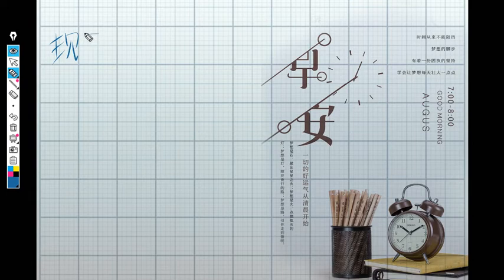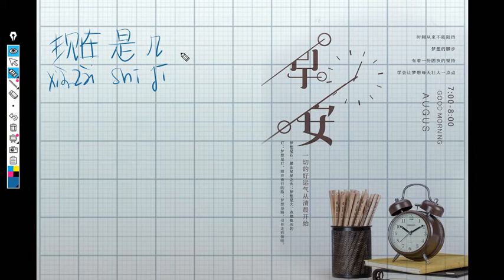CNSI 是现在是7点。So this is asking, 7点 is pretty much how many partitions, right?